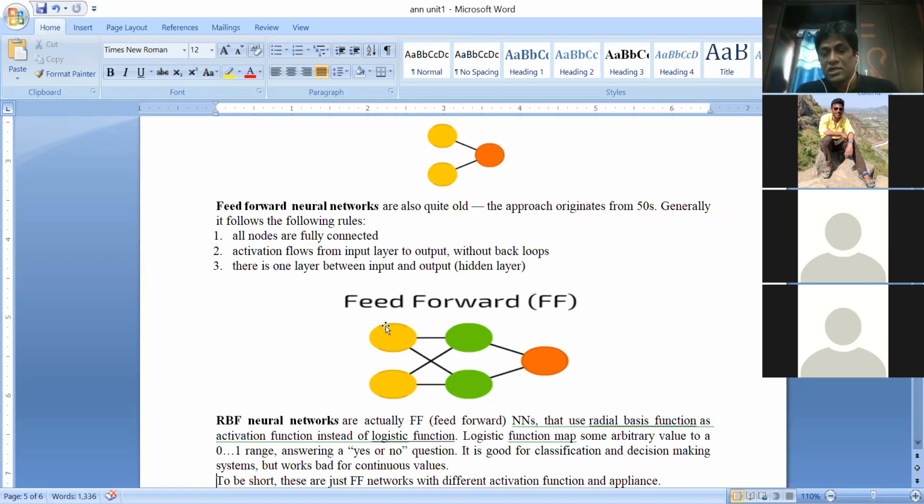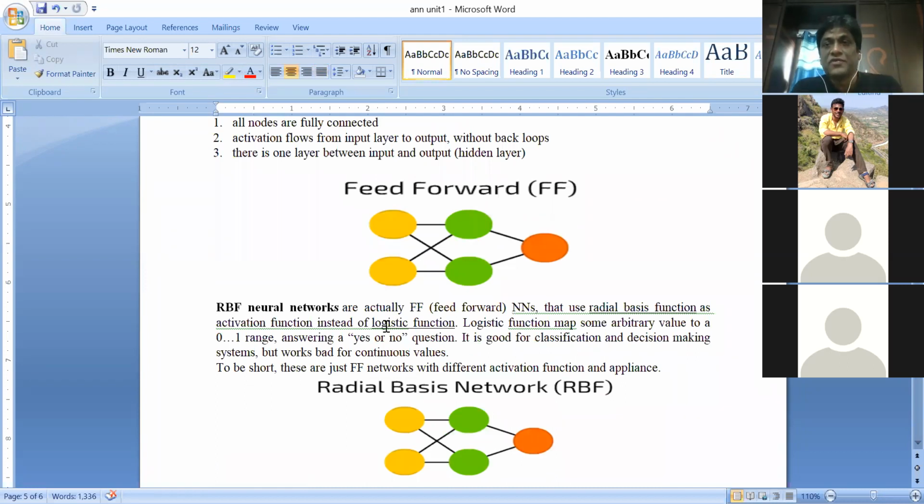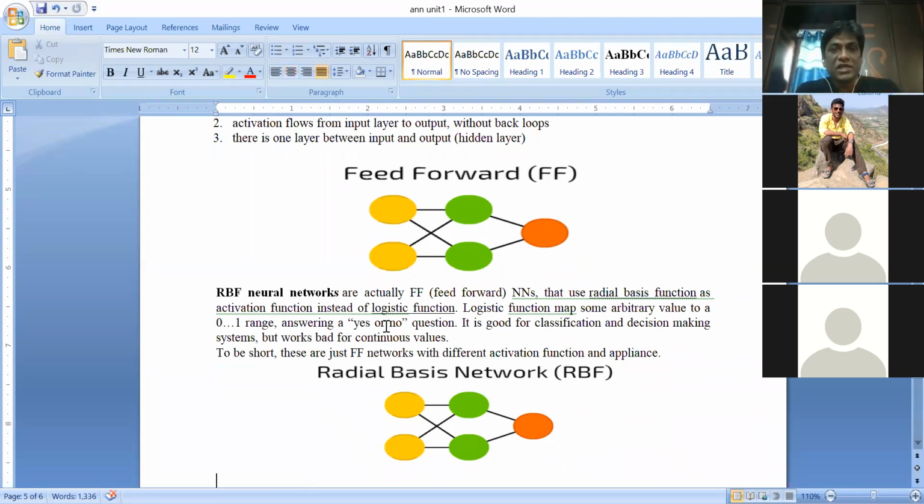So every architecture in real-time artificial neural networks follows the same rule. Every neuron in layer I is connected to every neuron in layer I plus 1. That is compulsory. We call them feed-forward neural networks with an architecture like that.